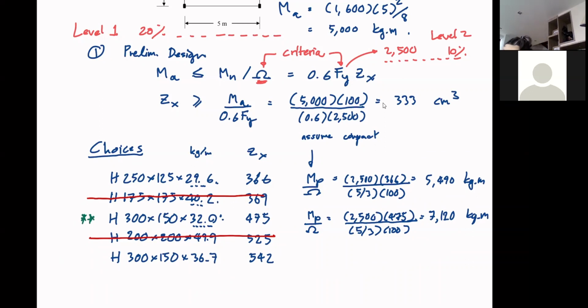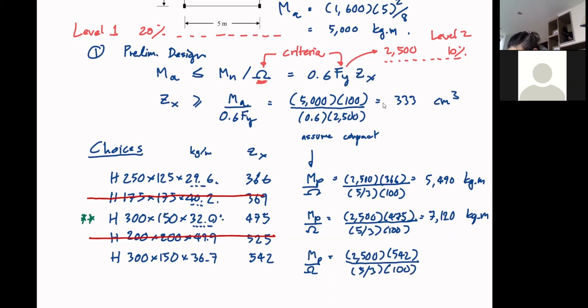Okay, but just let's go on for another one left. Now this guy MP over factor of safety, that's going to be 2,500 multiplied by 542, divided by factor of safety and 100.